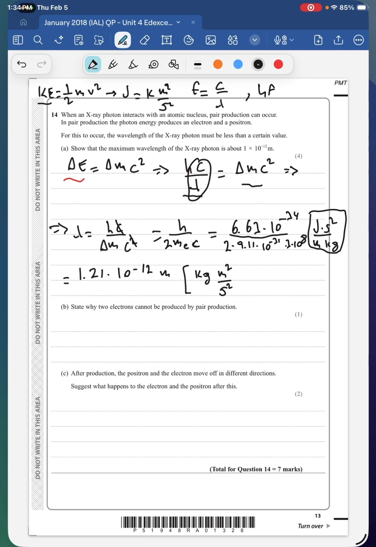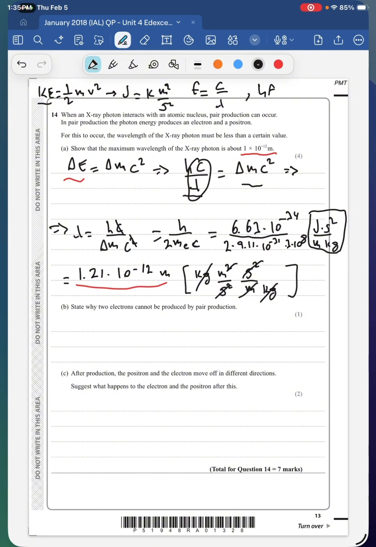You don't need the 1/2 because that's a dimensionless quantity, a pure number. So we have the second squared, and then we have the meters and the kilograms. Kilograms cancel, second squared cancels, and we are left with meters in the numerator. And we found a value very close to the one we are asked to find, so we are good. Let's move on.